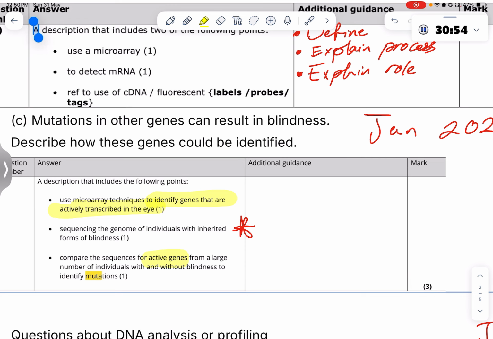These active genes are from a large number of individuals, with blindness or without blindness, to identify mutation.